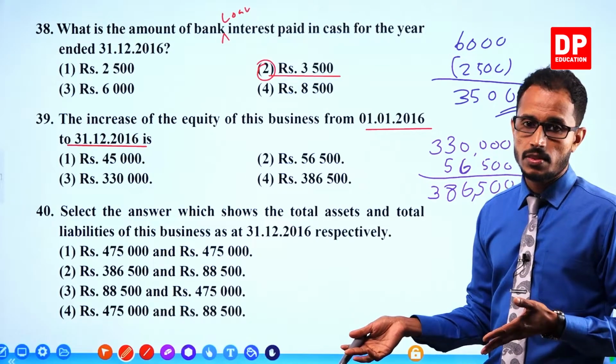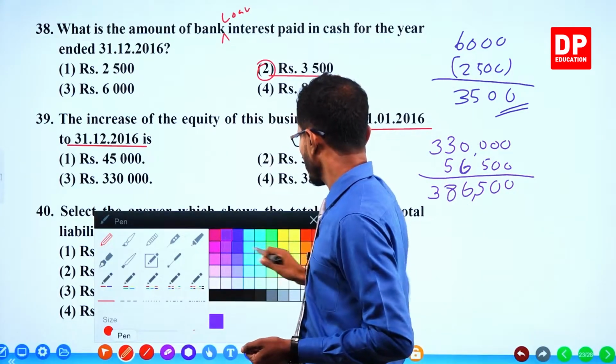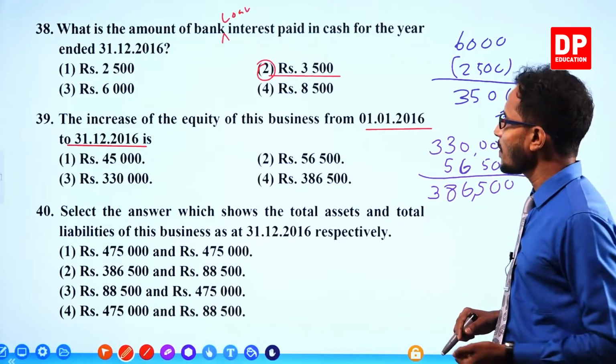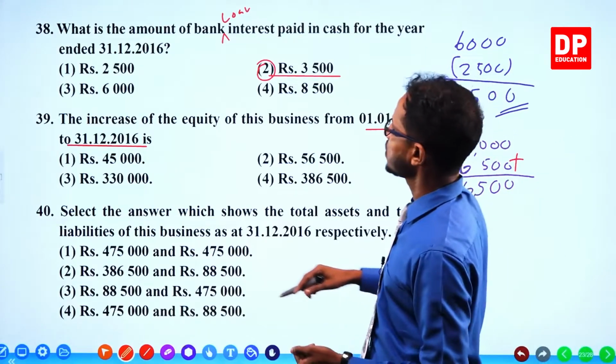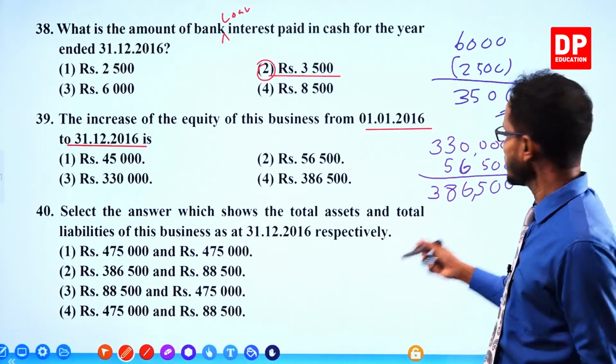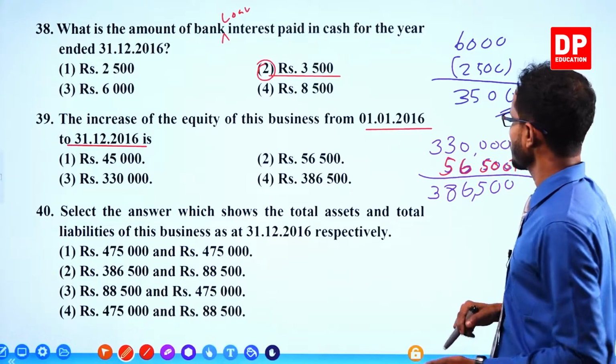That is the closing equity, when the profit is added to the opening capital. But the question is asking what? Increase of equity of this business. The increasing amount is 56,500.